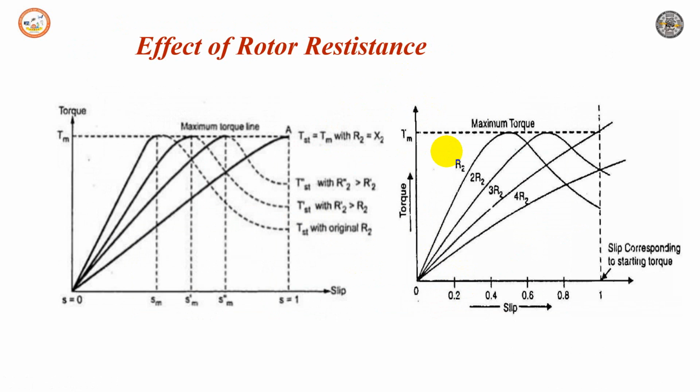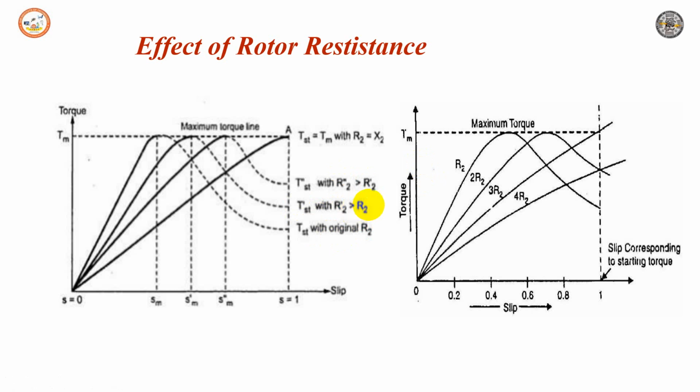Corresponding to the similar torque at S equal to 1, the maximum torque condition relates R2 and R2 dash. If R2 dash is greater than R2, then Sm, the slip at maximum torque, is greater.